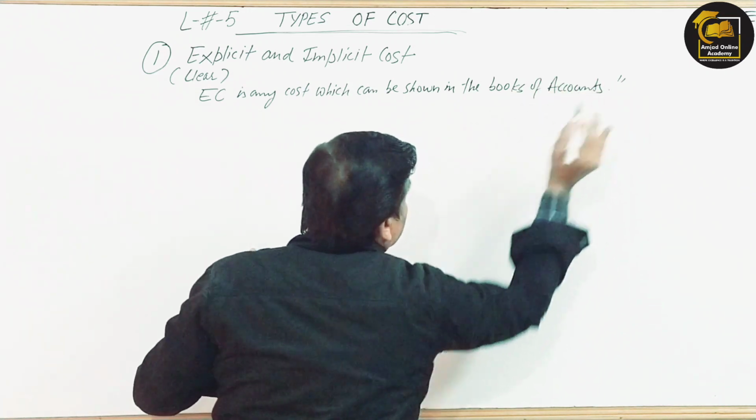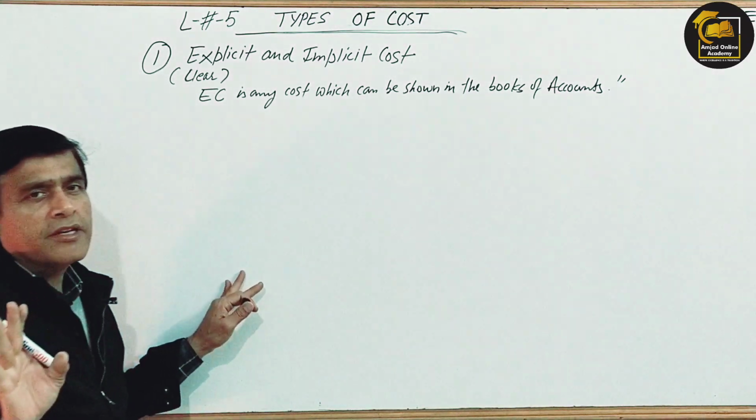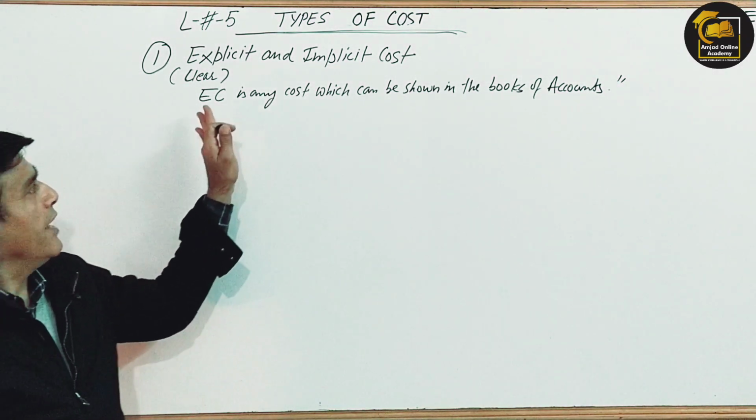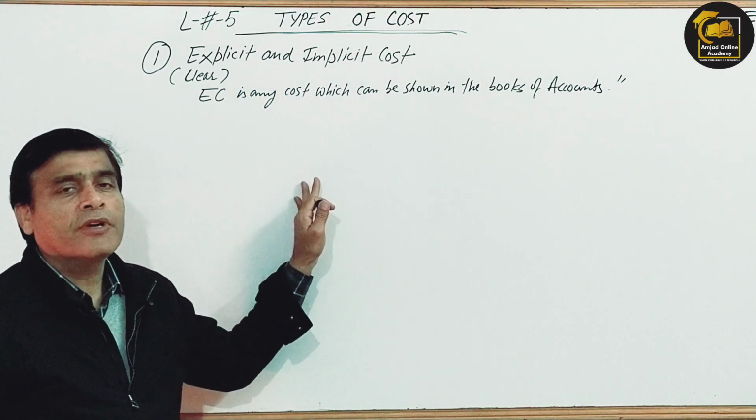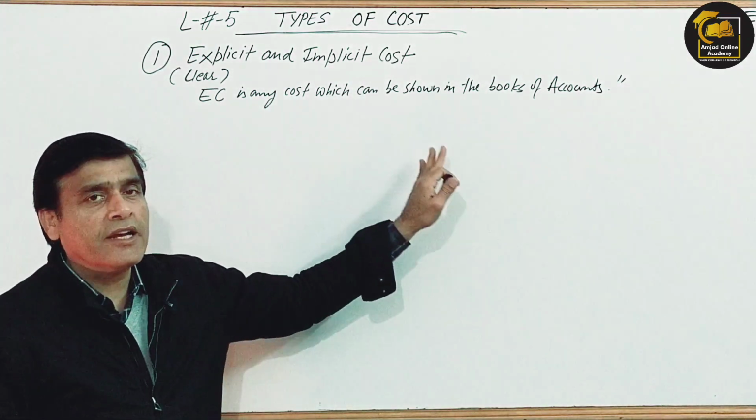It's simple, no complication. Explicit cost is any cost which can be shown in the books of account.